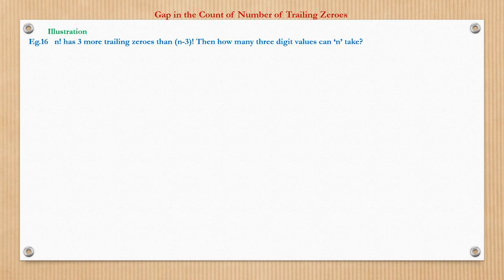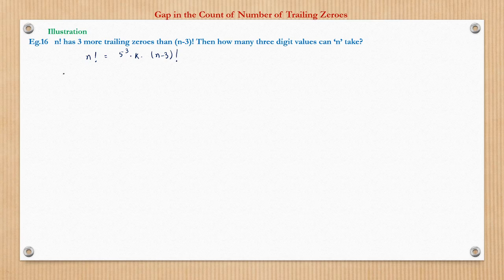Now this is another important question. Let us see how we solve this. n factorial has 3 more trailing zeros than n minus 3 factorial. So it says that n factorial has 3 more trailing zeros than n minus 3 factorial. Right.